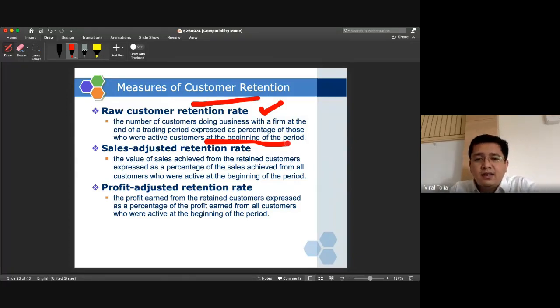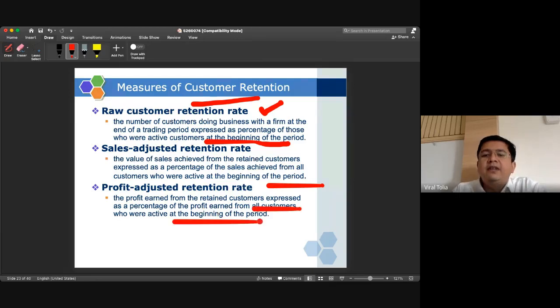What are the sales adjusted retention rates related to sales? The value of sales achieved from the retention customers, expressed as a percentage of the sales achieved from all the customers who are active in the beginning of the period. Whatever sales is generated from that is known as sales adjusted retention. And the third one is profit adjusted retention. The profit earned from the retention customers is expressed as the percentage of profit earned from all customers who are active in the beginning.